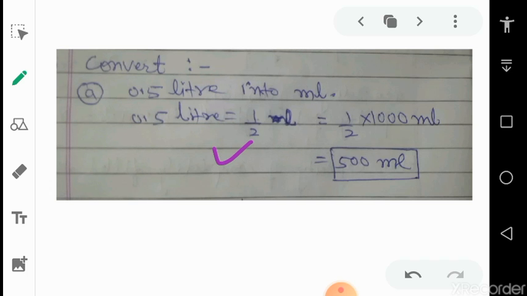0.5 always means half. Whatever the question is regarding, capacity, weight, distance, or amount, 0.5 always means just half. So we write half, multiply it by 1000, and we get the answer.